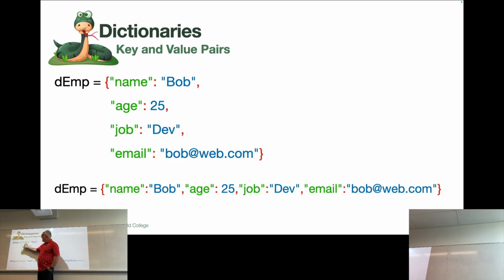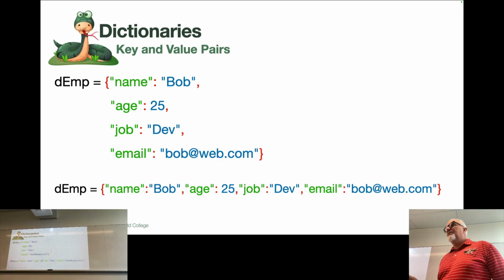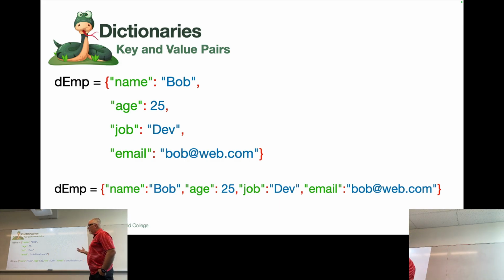So the nice thing about dictionaries is that it makes it easier to see what that data is. Rather than just having a list of values in a certain order, I have meaningful labels here for each piece of data.